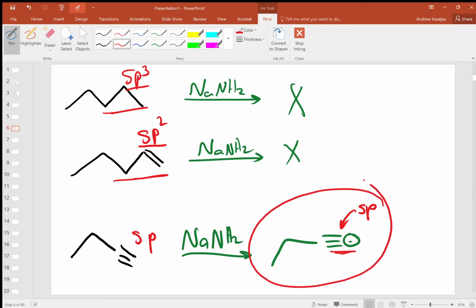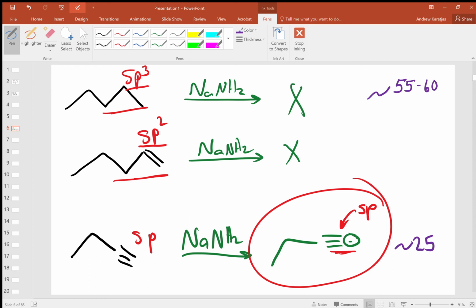Given that this conjugate base is more stable, that means an alkyne is a stronger acid than an alkene or an alkane. And if we want some numbers to work with, the pKa of an alkyne is approximately 25, whereas the pKa of an alkane is usually somewhere on the order of 55 to 60. So that's our first piece on this reaction.